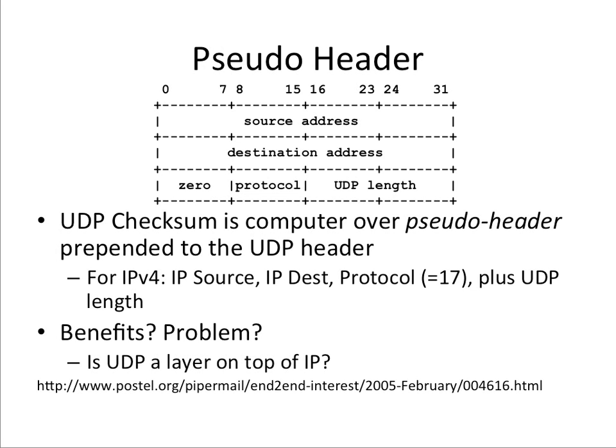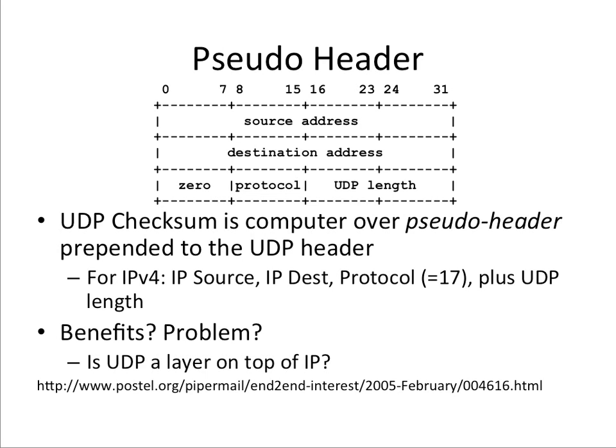So it turns out when we compute the UDP checksum, we actually include source address and destination address. We compute checksum over those as well as the rest of the header. But source address and destination address, that's not part of the UDP header, right? This is actually part of the IP header. So UDP is not operating purely at the transport layer. Does that make sense? Because it's using information from the IP layer when it computes the checksum, for example.